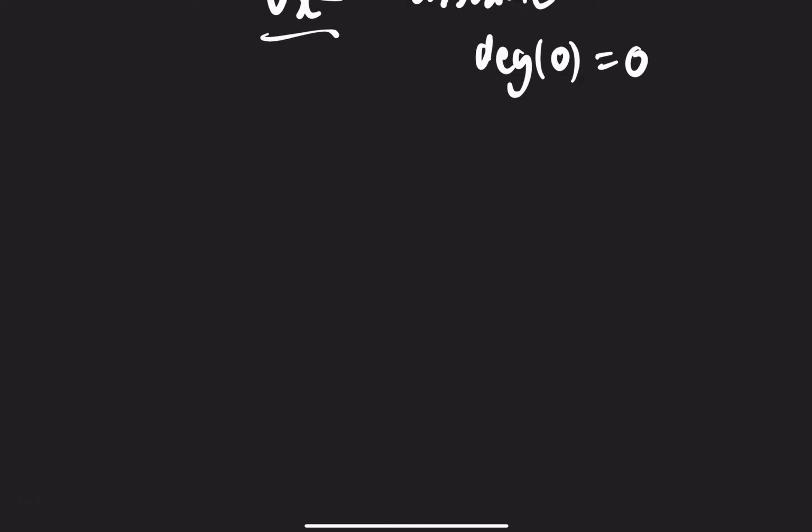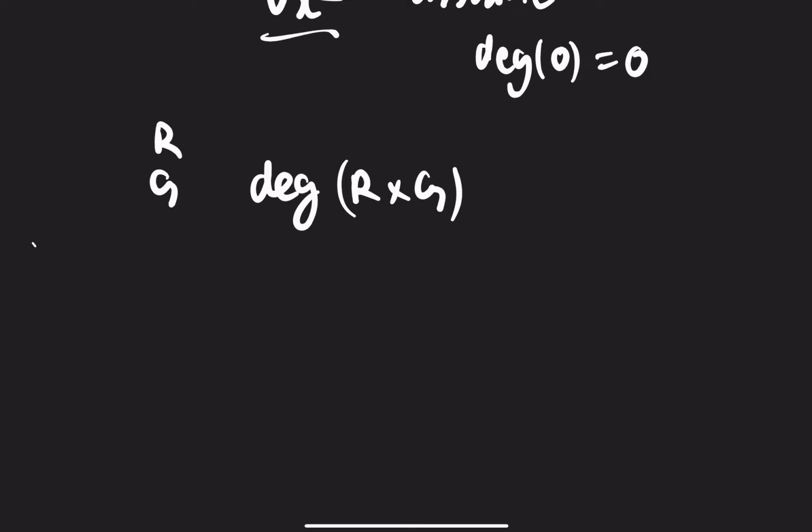for the degree of the product of two polynomials, let's say we have two different polynomials, r and g. Degree of r times g. Let's say g is a 0 polynomial, which means that it's just 0, right?